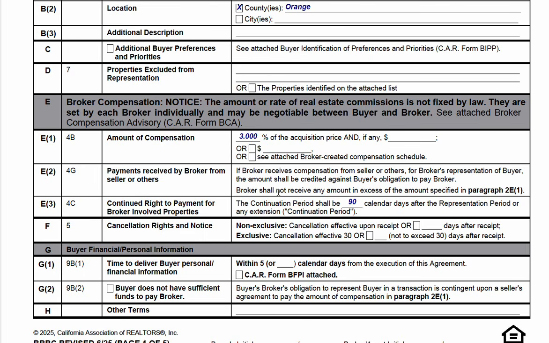Okay, it even says brokers shall not receive any amount in excess of the amount on paragraph 2E1 right here. All right, so you want to put in a reasonable number, ideally 3%. And like I said, you can always modify down with an MT-BR form and change it after an offer has been accepted if the offer is for less.